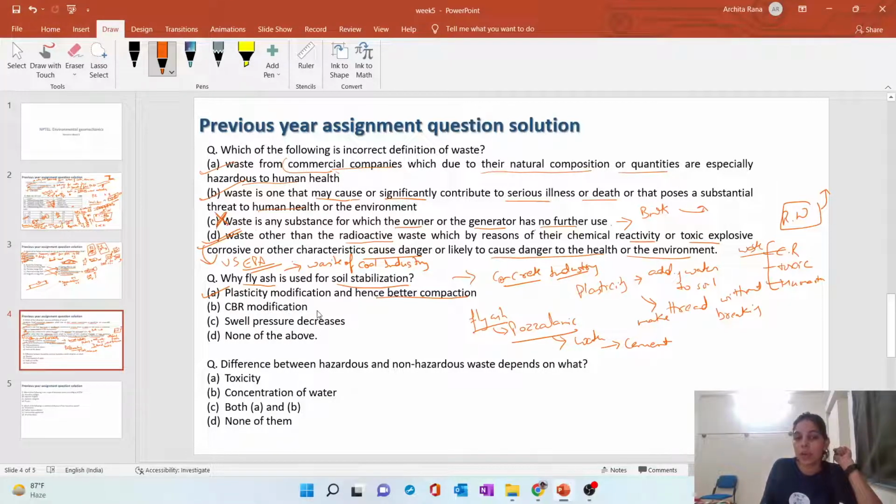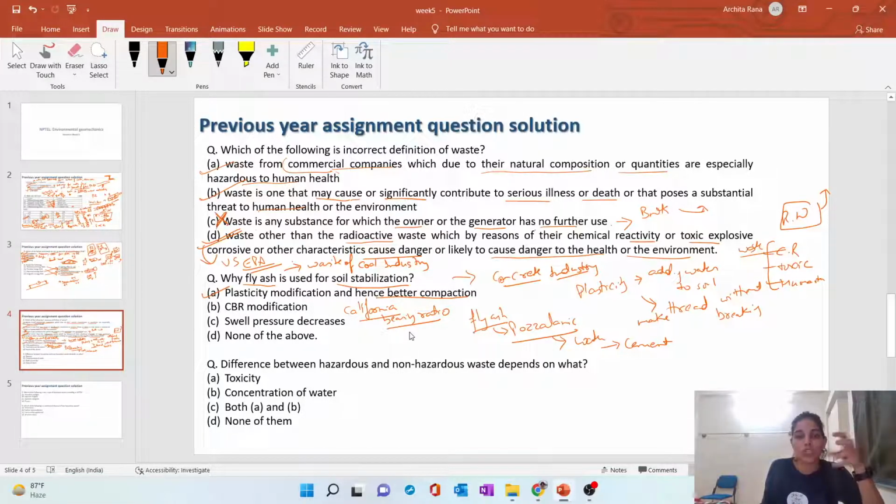Another is CBR modification. CBR is California bearing ratio, right? It's a standard technique to determine the strength of a soil, and it is based on a penetration test.